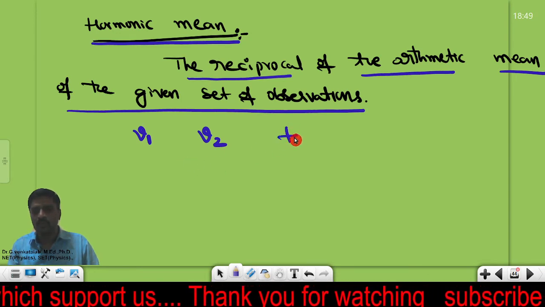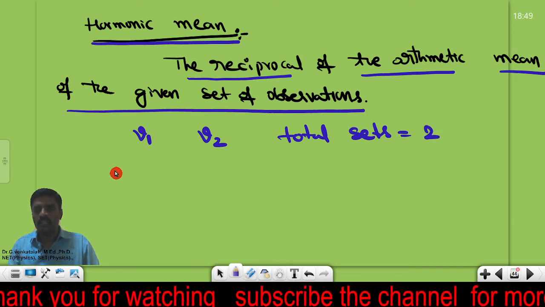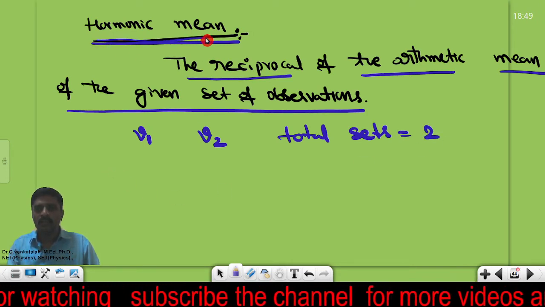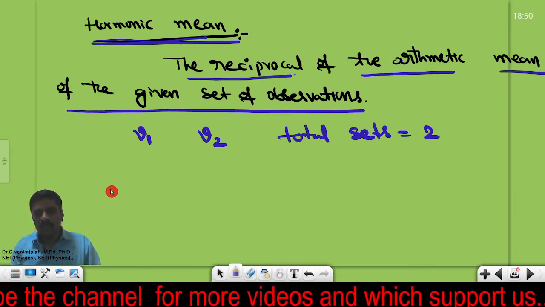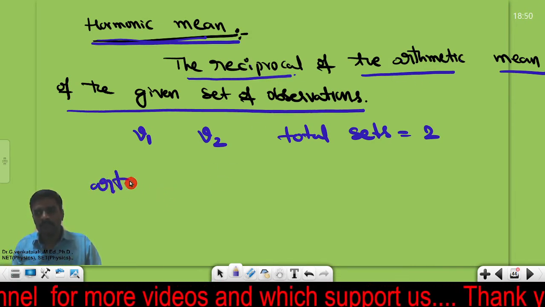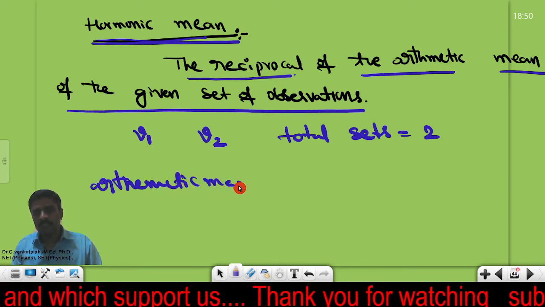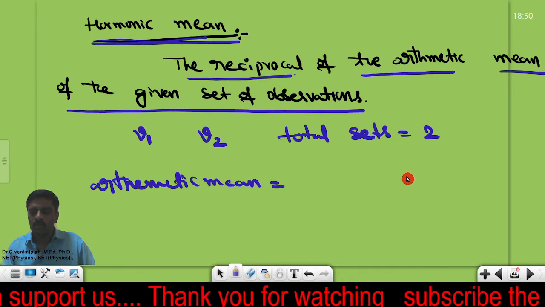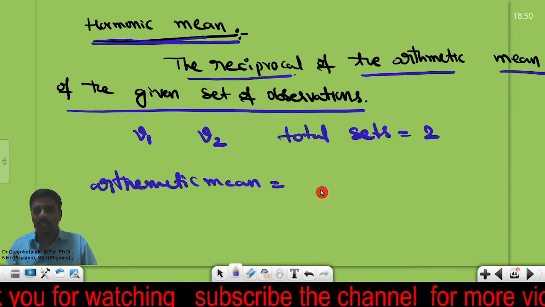Two. The definition of harmonic mean is the reciprocal of the arithmetic mean. Arithmetic mean is the total of the set values divided by the number of quantities.